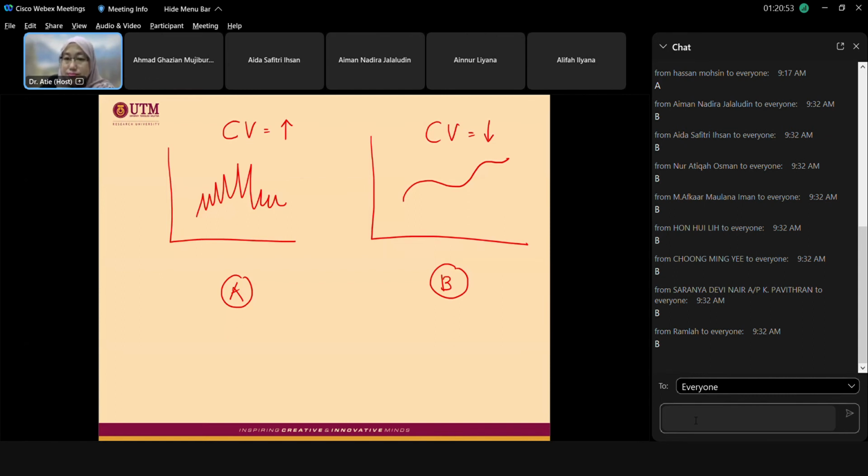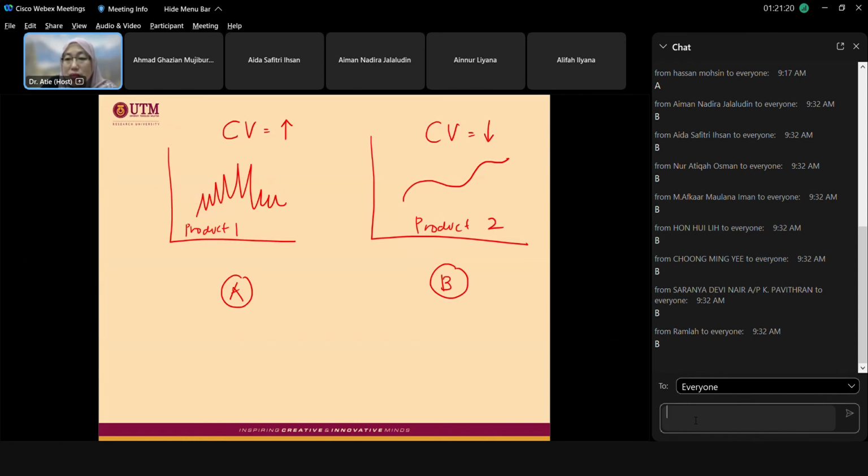Understand? So let's say we want to start a business, right? So let's say this one is business number one, okay? Product one, and then this one is product two. So which one will you take the risk?